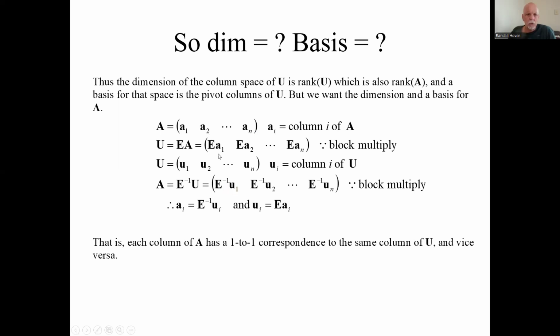So A equals both this and that, and U equals both this and that. We have a one-to-one correspondence between the columns of A and the columns of U. Either way, we could go.